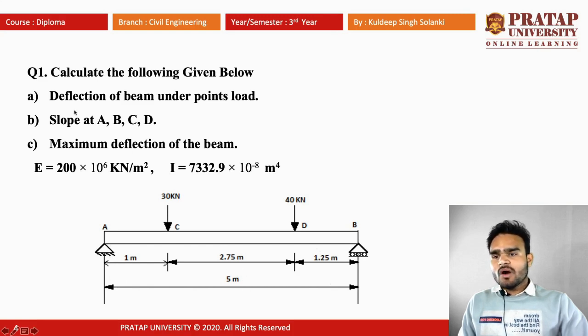Calculate the deflection under the point loads at C and D, because two point loads are acting there. Then calculate the slope at A, B, C and D, all points. Also calculate the maximum deflection of the beam.